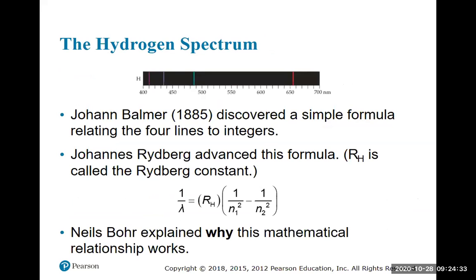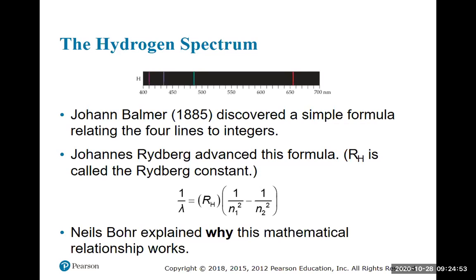So we had the Rydberg equation here. What this is doing is giving us a relationship between those different n values with regards to wavelength.